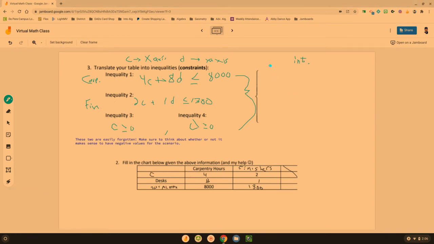So the x-intercept, again using the C, is going to be something comma 0, where I take 8,000 and divide it by 4 to get 2,000. The y-intercept for that first one, I get 0, comma, and I'm solving 8D equals 8,000, which is 1,000.